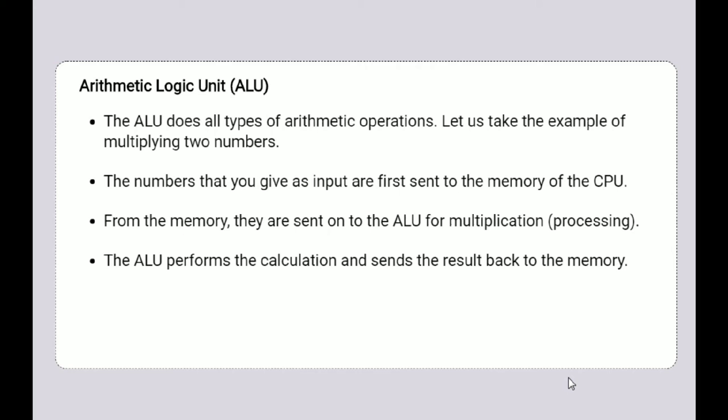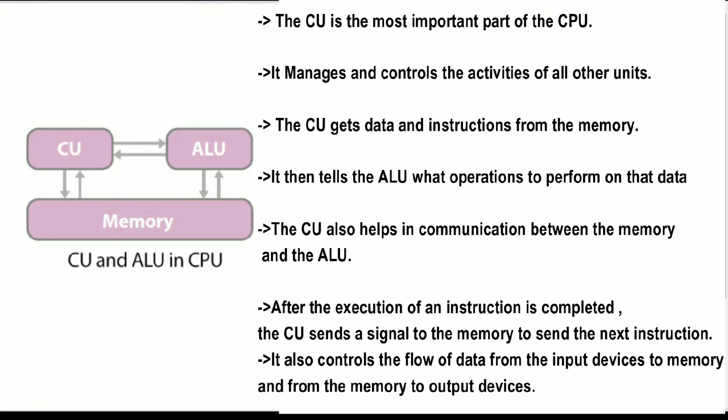Next is the control unit. The control unit is the most important part of the CPU. It manages and controls the activities of all other units. The control unit, or CU, gets data and instructions from the memory.